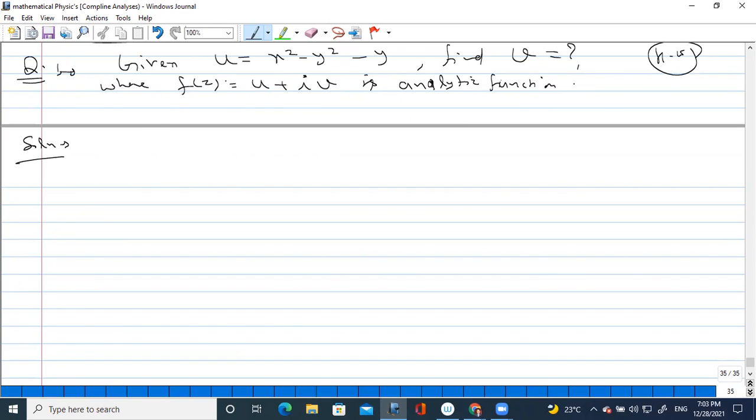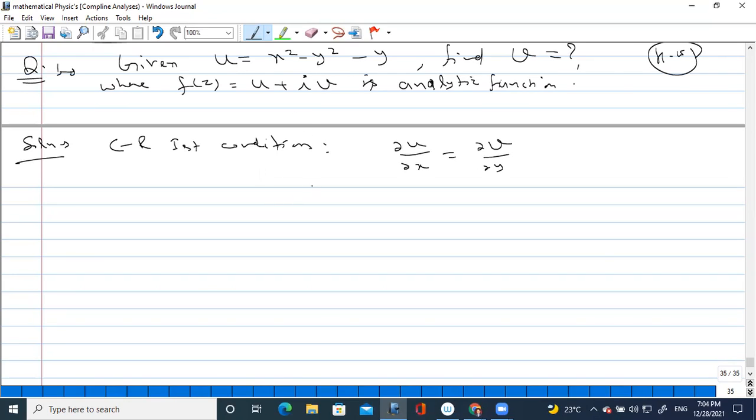First of all, by the Cauchy-Riemann first condition, del u over del x will be equal to del v over del y.